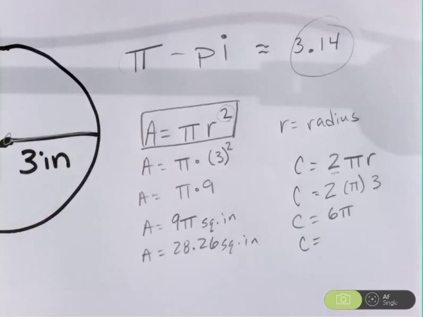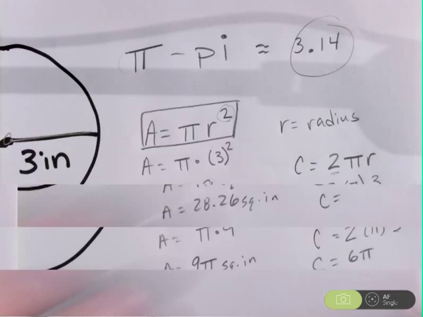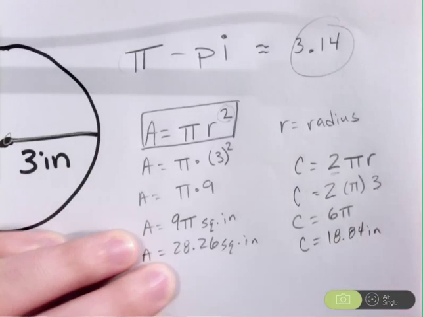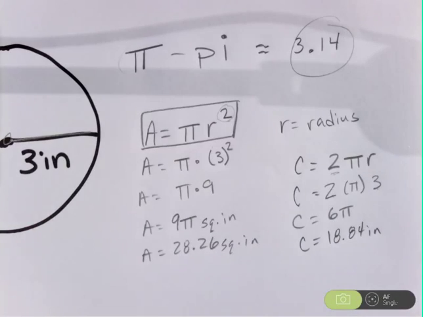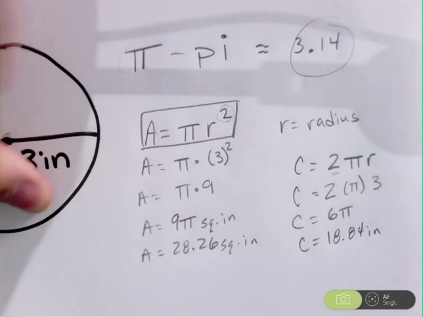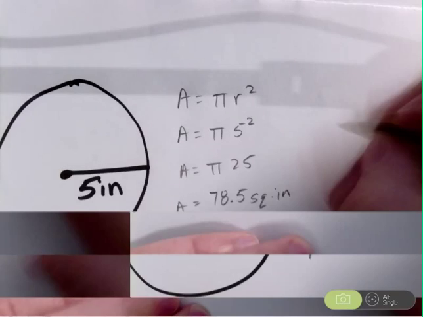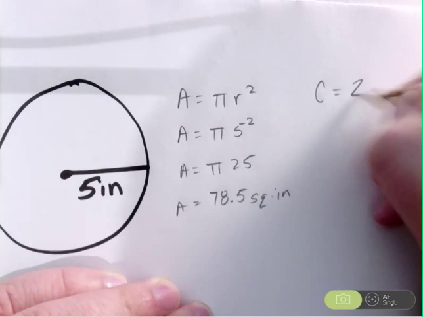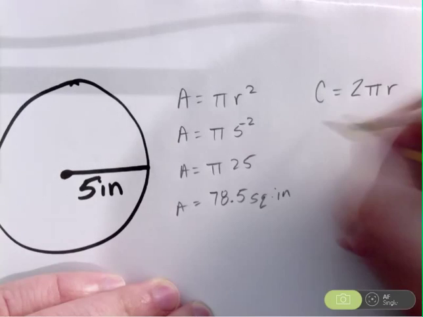So 6 times 3.14 is 18.84 inches. Okay? If we go back to our other example here, circumference equals 2 pi r.